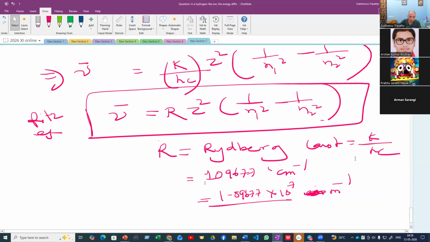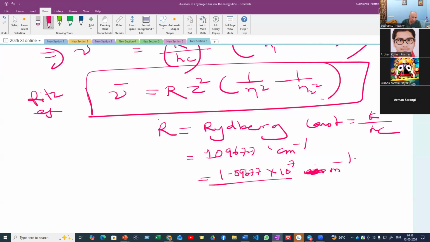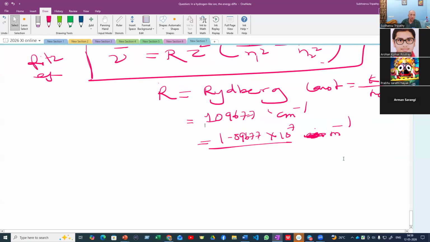109677 centimeter inverse. The value will be given in your question. Sometimes it is given as 700 something. Whatever value is given in the question paper, use that, or else remember this 109677 centimeter inverse, or 1.09677 times 10 to the power 7 meter inverse.